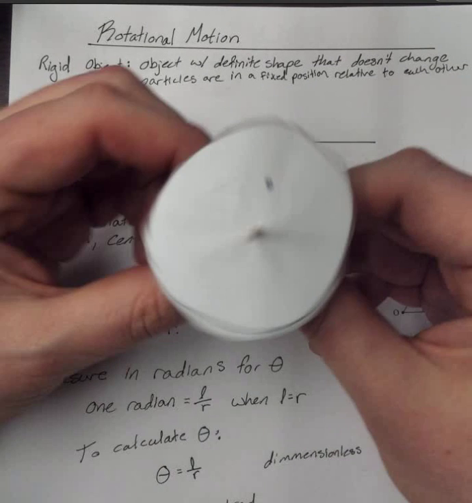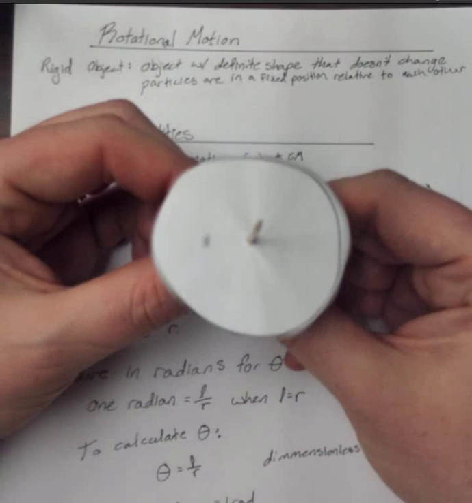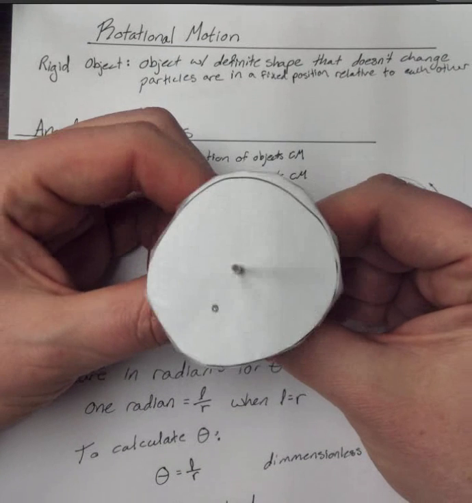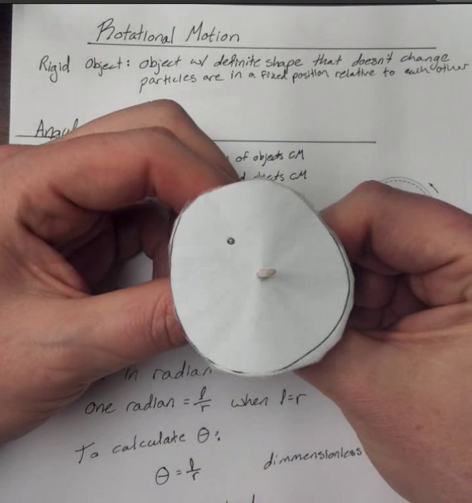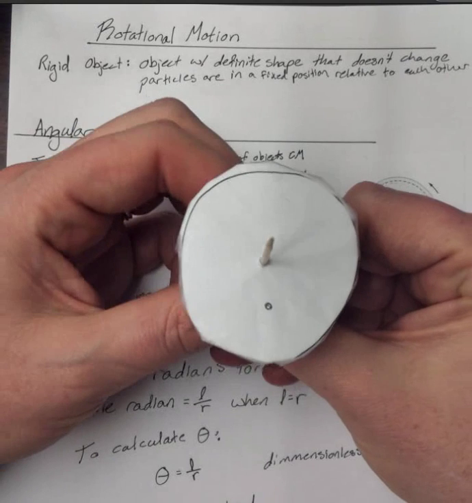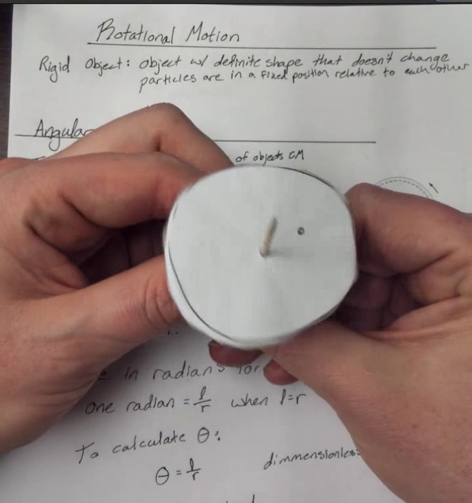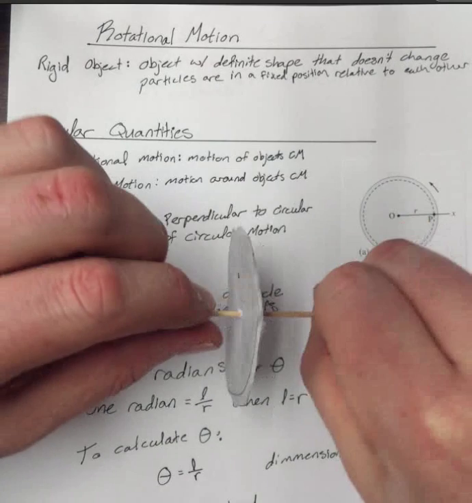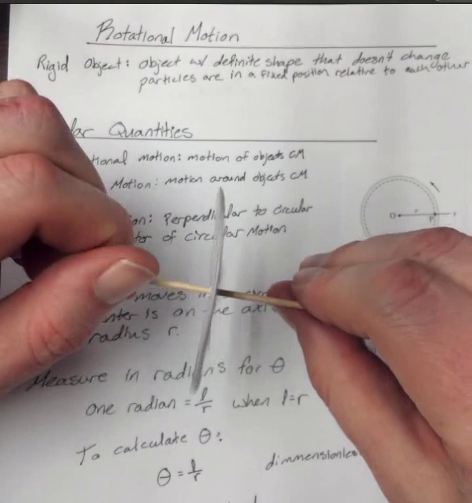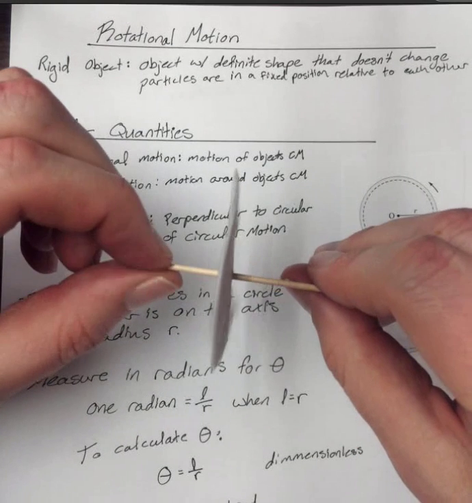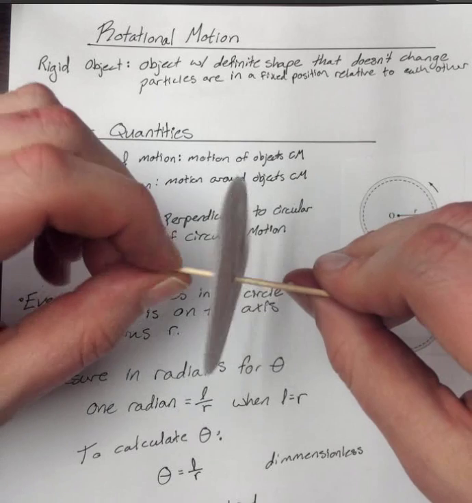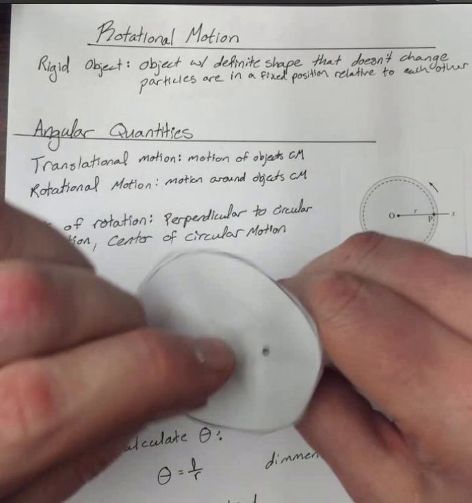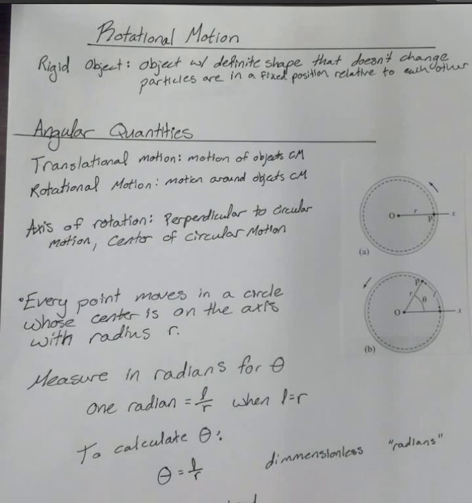So let's observe this particle. The entire time that it's moving, it's moving around the toothpick. That makes the toothpick the axis of rotation. It's at a 90-degree angle, and it's the point around which the whole object moves. So that's your axis of rotation.